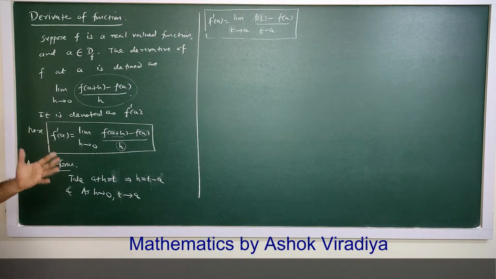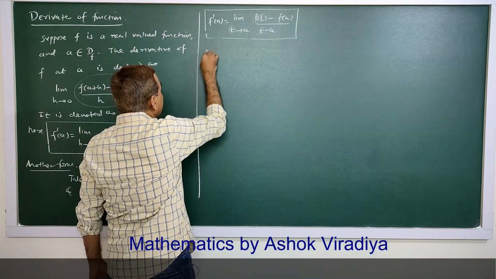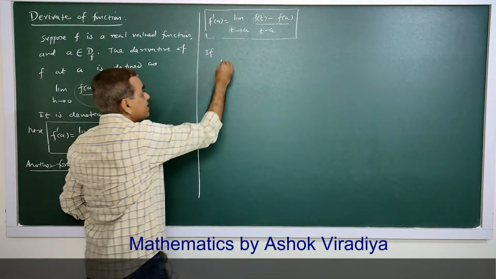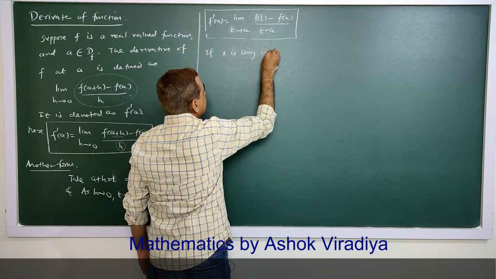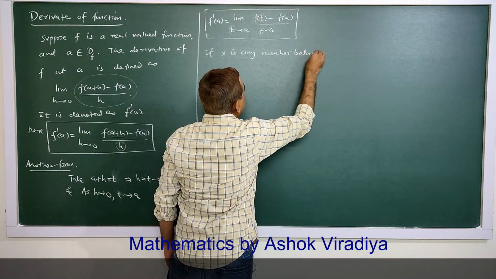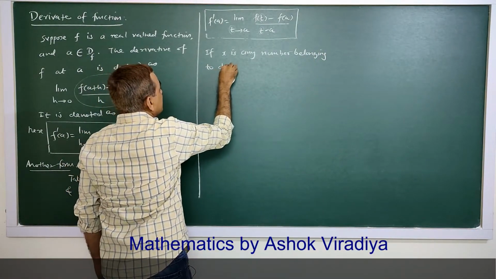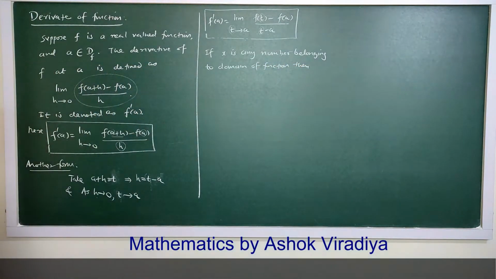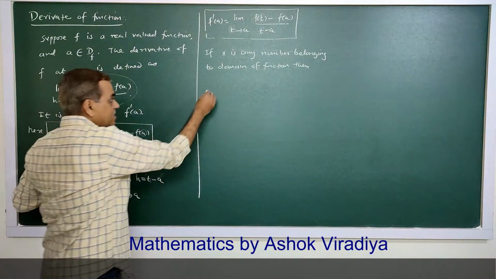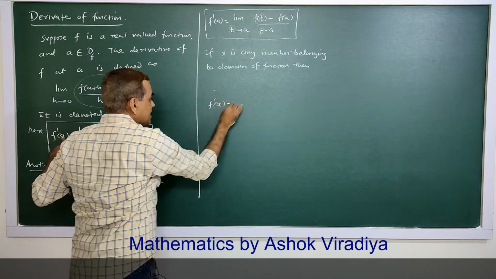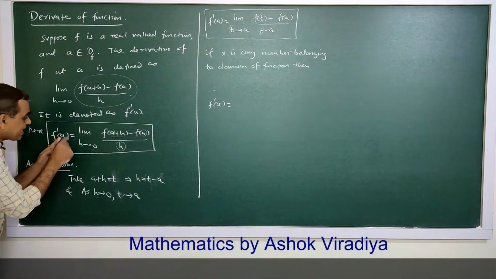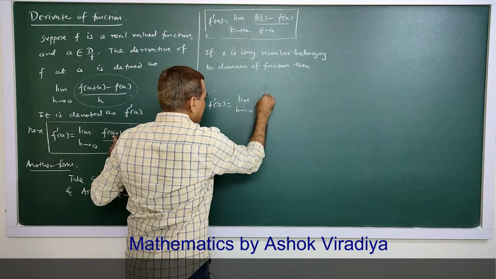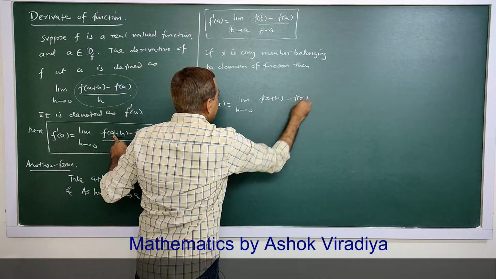Now here, if I replace this number a by x, if x is any element belonging to the domain of the function, then replacing a by x, f dash of x equal to limit h tends to 0, f of x plus h minus f of x upon h.